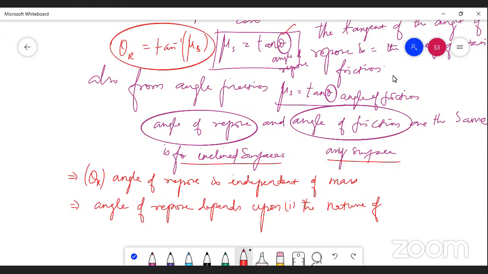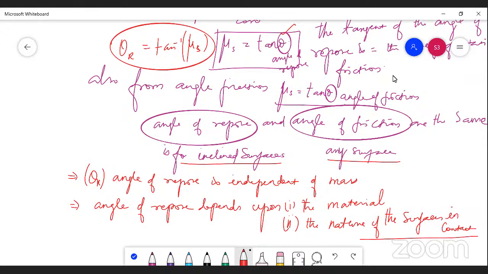It depends upon the nature of the material, or in other words, it depends upon the material. And two, it depends upon the nature of the surfaces in contact.